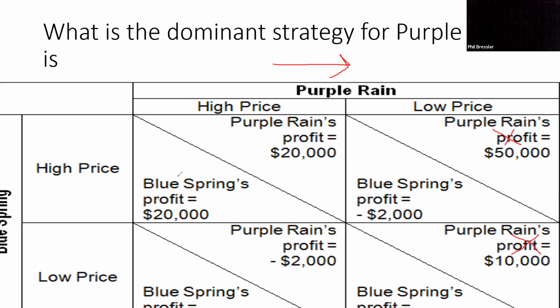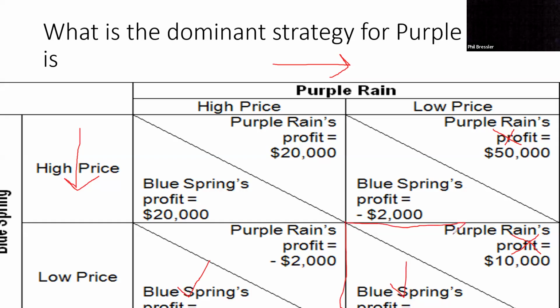Now I'm going to look at Blue Spring so I can go over everything they could ask in a question like this. Blue Spring goes high and makes 20. I can't see these, but I'm pretty sure Blue Spring was also low, low. I'm sorry, but you would just look down. Where there's a check and an X, that's Nash equilibrium.